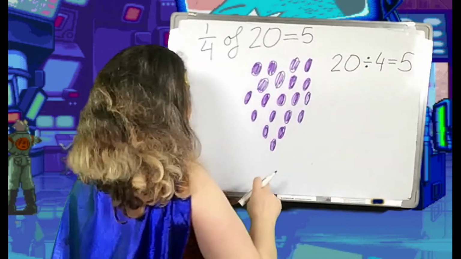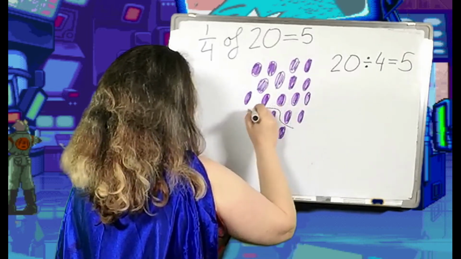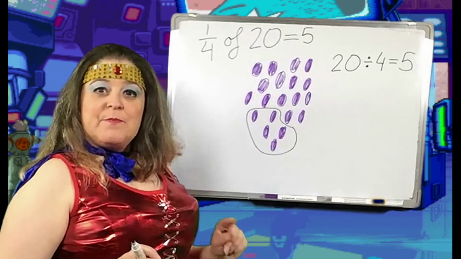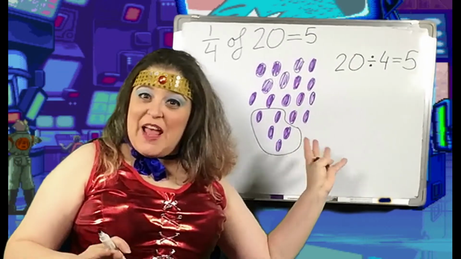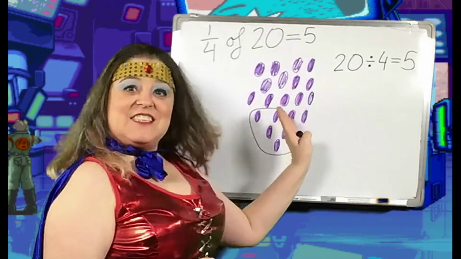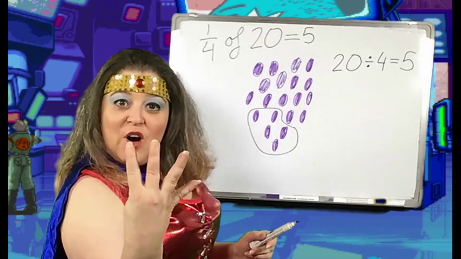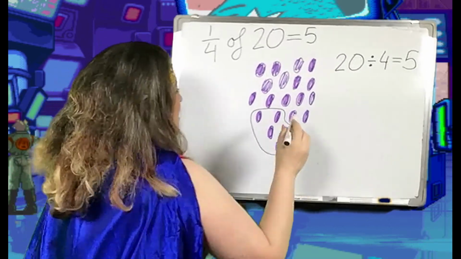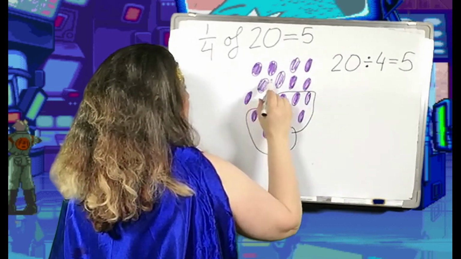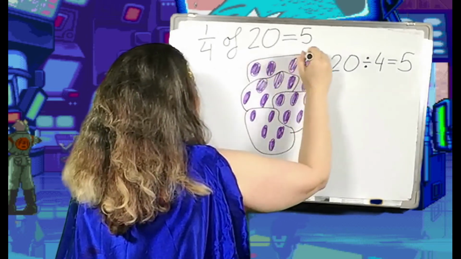So you should have circled 1, 2, 3, 4, 5 grapes. Okay? And a good way of checking it to make sure you have the right answer is to circle groups of 5 and make sure that you have 4 equal groups. 1, 2, 3, 4, 5. 1, 2, 3, 4, 5.